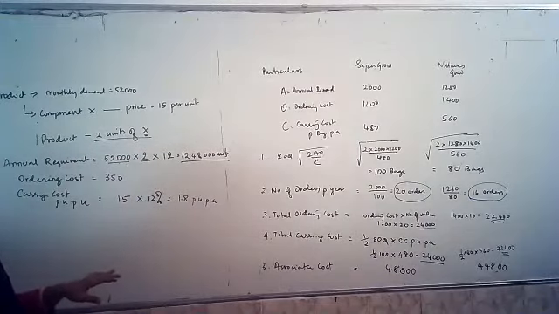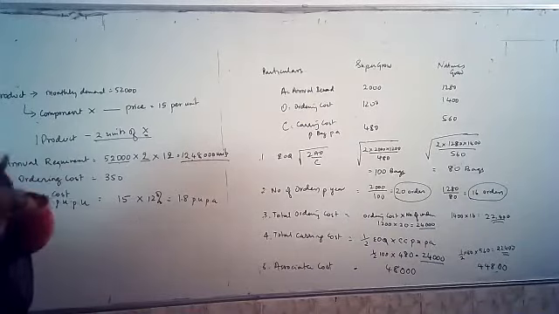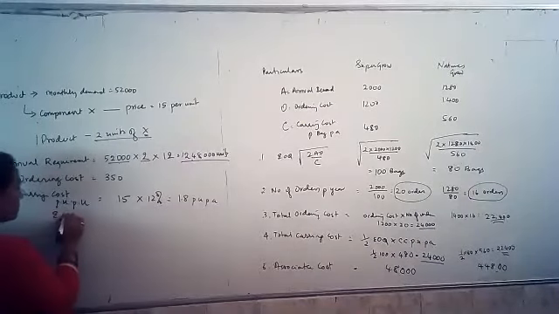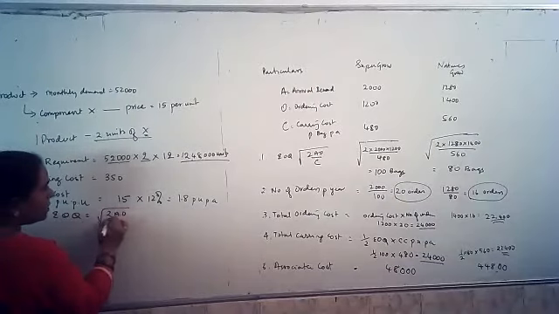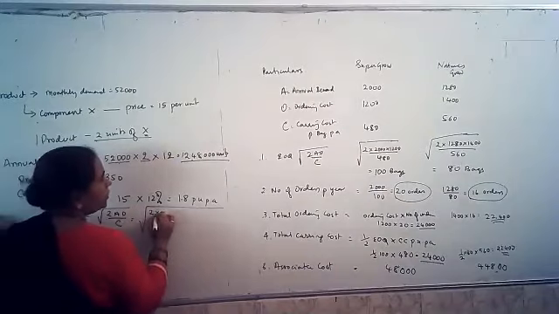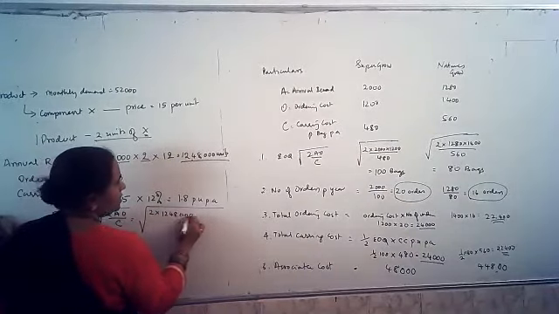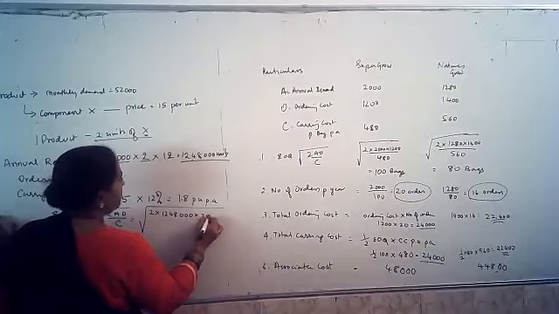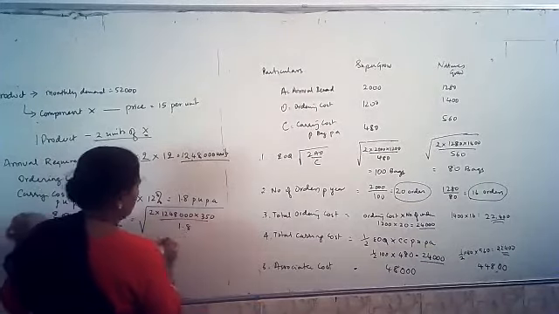Now calculate EOQ. Substitute all of them and find out EOQ. EOQ is equal to root of 2AO divided by C. So root of 2 into 12,48,000 multiplied by 350 divided by 1.8.